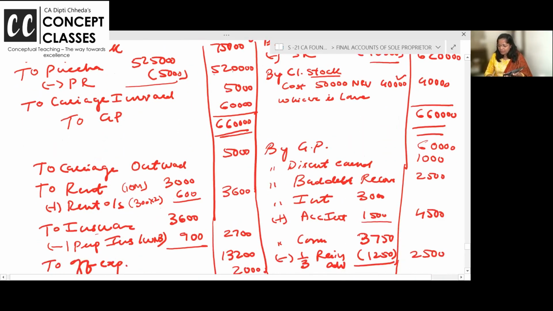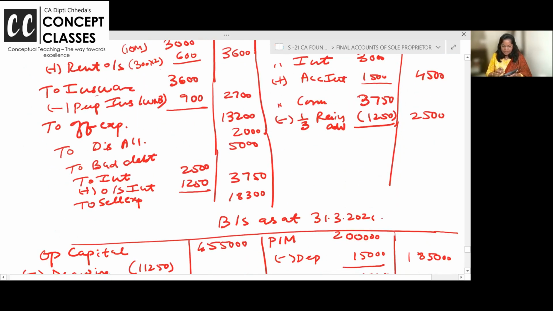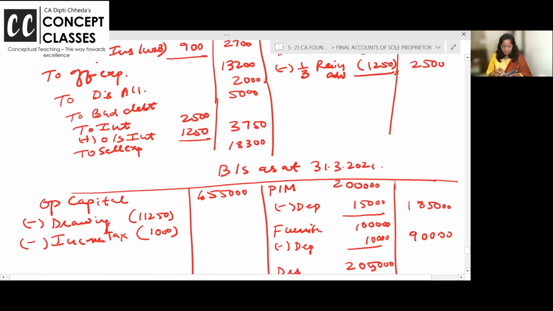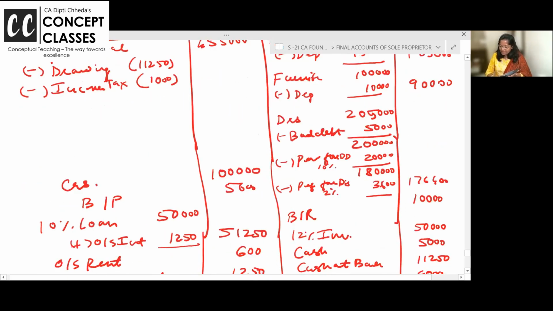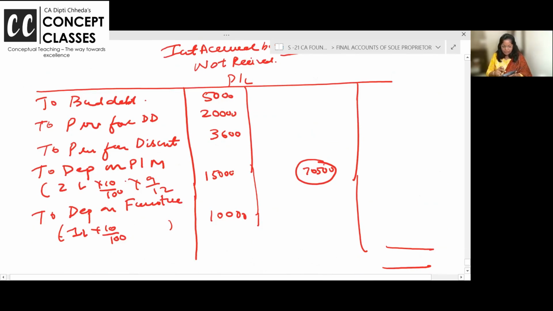Do it again. We moved things up and down, and the trading and P&L got mixed up. 5,000. All of you are also doing it with me. 3,600, 2,700, 13,200. Discount allowed is 2,000, 5,000, 3,750. 18,300 selling expense. Come down. Bad debt 5,000 plus 20,000 plus 3,600 plus 15,000 plus 10,000.